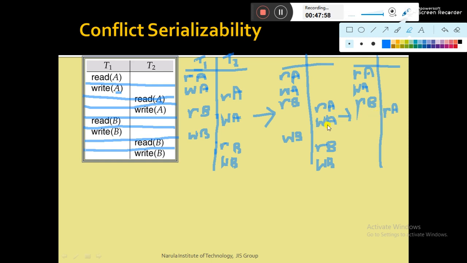Next WA WB, they are operating on different data items, so WB will be over here and WA will be over here, so we write WB in that time slot, and WA will come over here, and the rest of the instructions will be the same, write B and read B and write B.